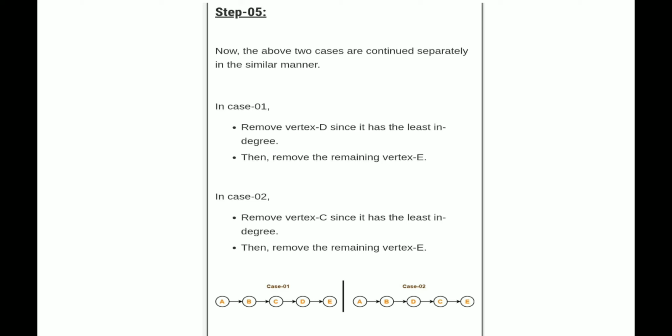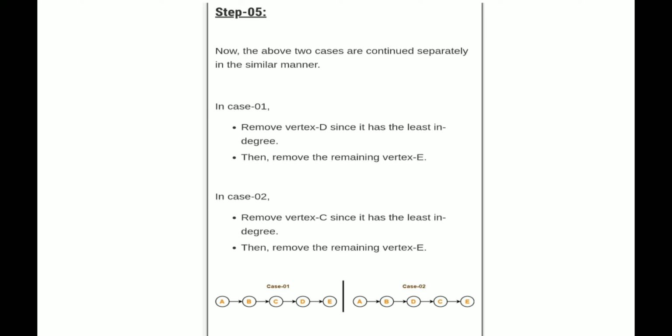What we can conclude is that a directed acyclic graph can have more than one linear ordering. So we can expect more than one linear ordering of vertices.